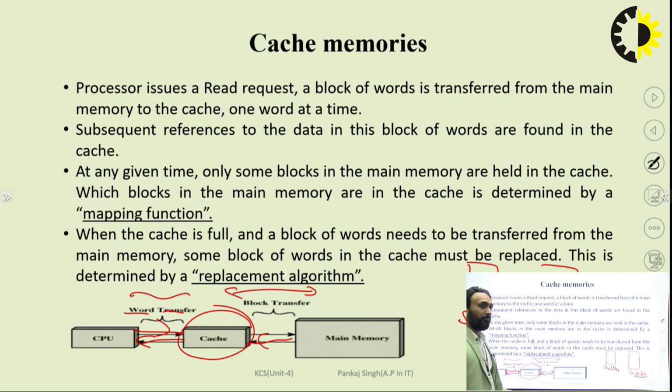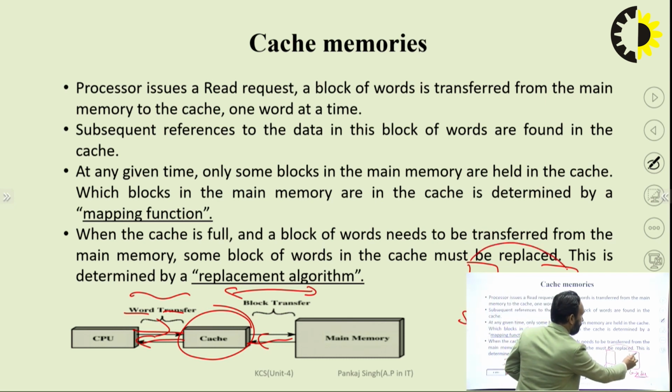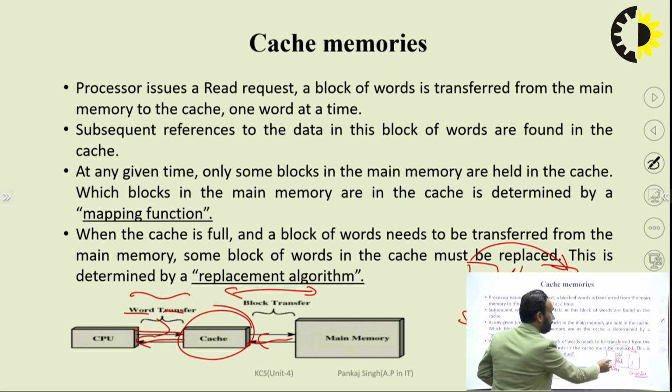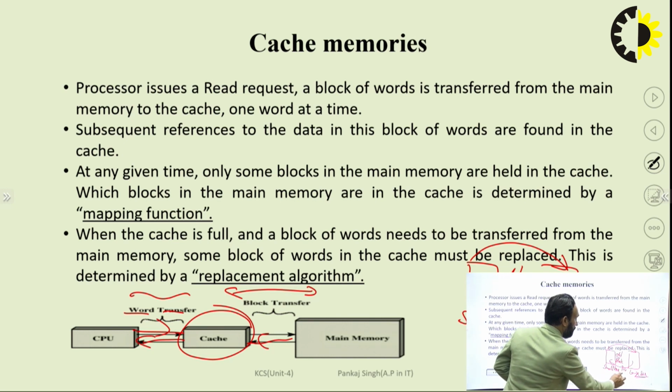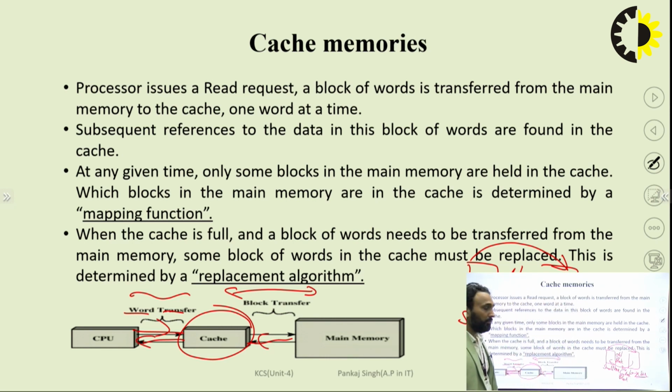In the mapping technique, we replace the old blocks to the main memory and pick up the latest block requested by the CPU into the cache memory. This mechanism tries to keep all the latest information in the cache memory and write back the old information to the main memory.